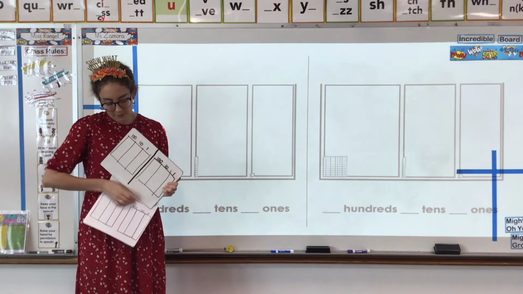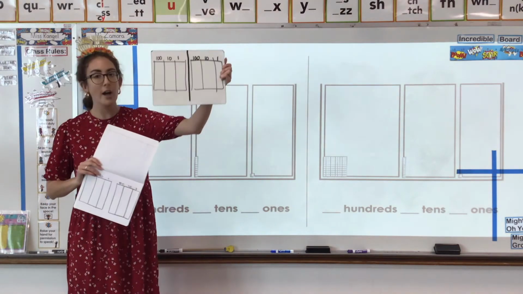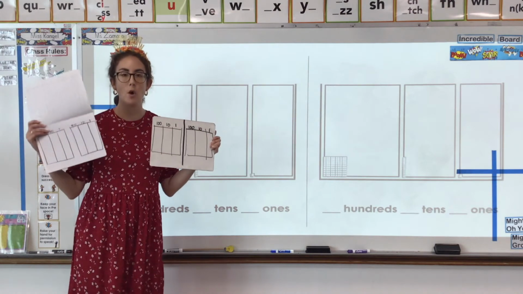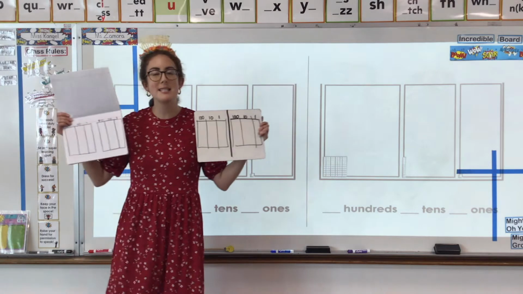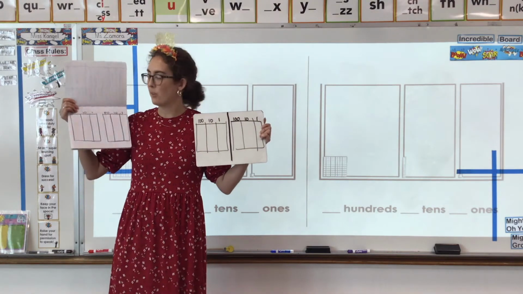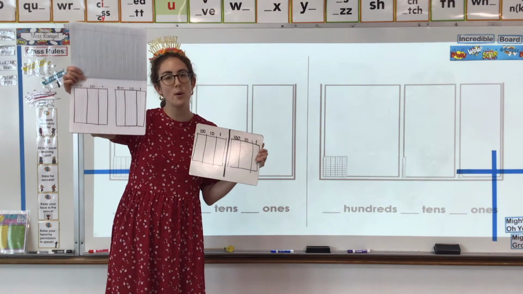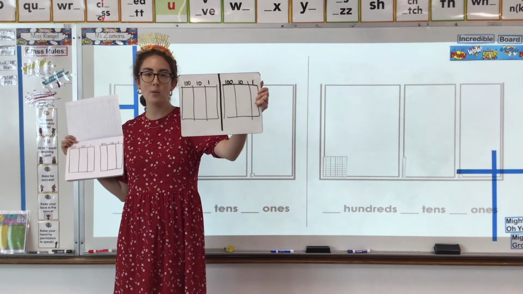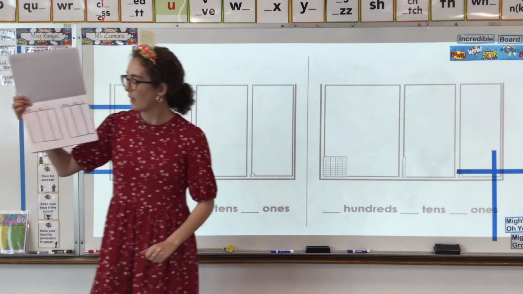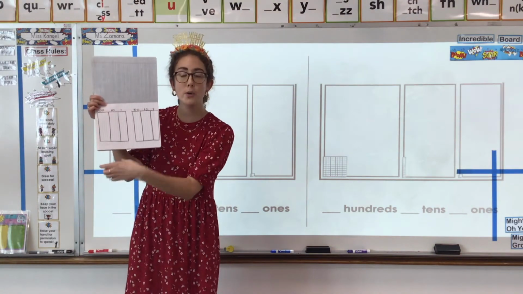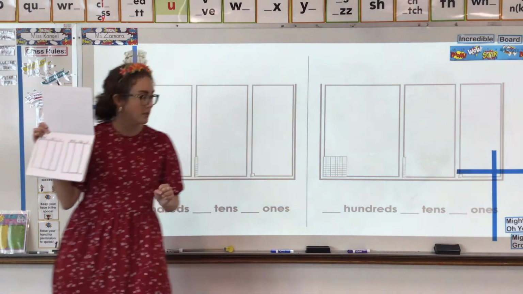So I made 2 different examples, one on a whiteboard and one in a notebook. These are very simple because you just need some organization to work with. So either if you're working with a notebook or on a whiteboard, I need you to draw this for me. I need you to draw 2 separate place value charts.